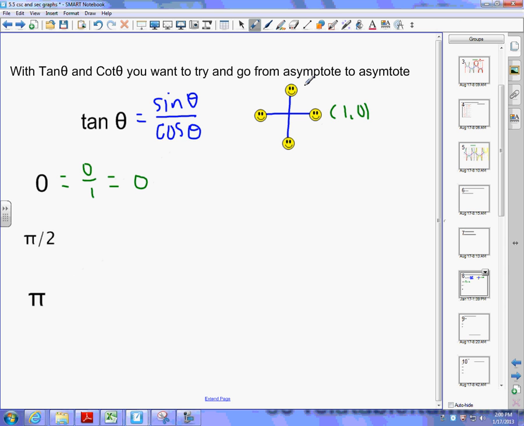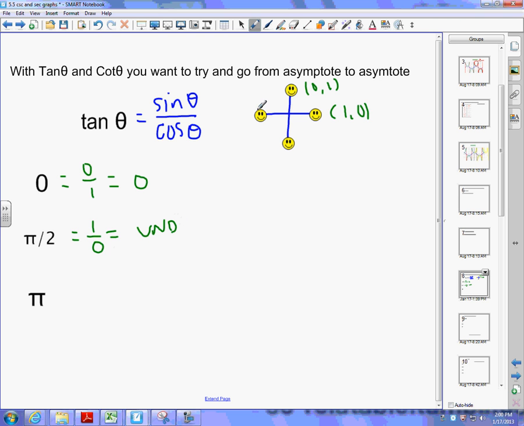You come up to pi over 2 up here. This is 0, 1. And therefore the sine is a 1 over a 0, so this is going to be an undefined. We can graph undefined, it's just going to be an asymptote.